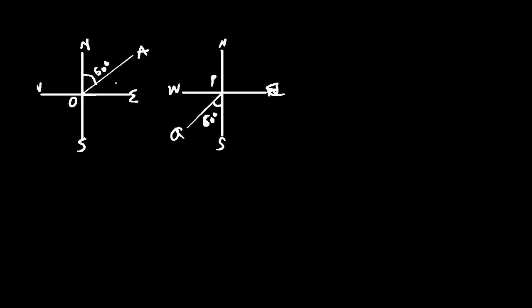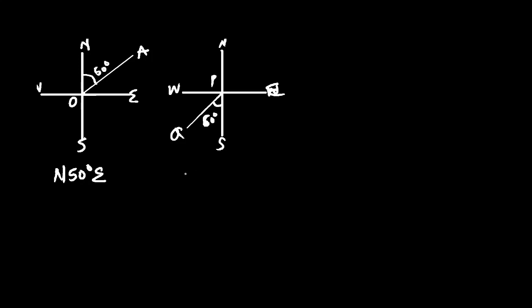So we have this first one to be a bearing of north 50 degrees east. Are you getting this now? It means that you are measuring angle 50 degrees from the north in a clockwise direction. That's what this one means.